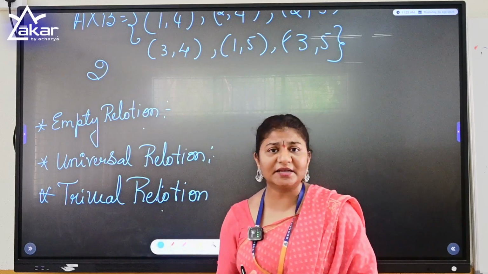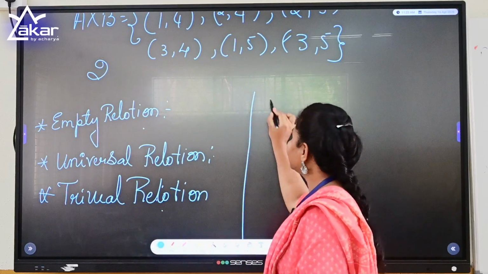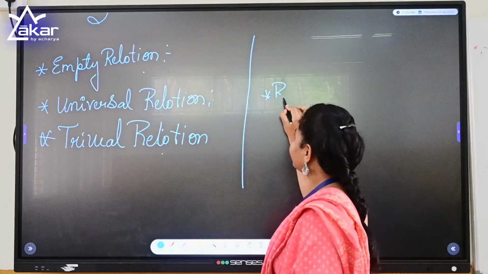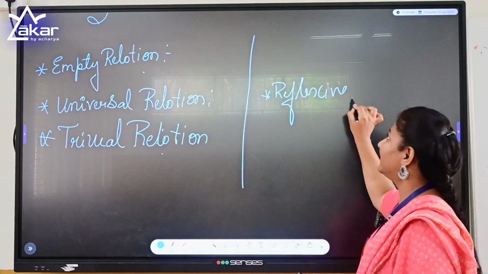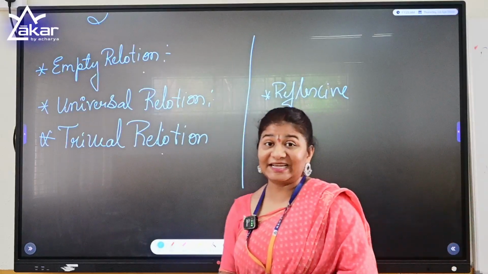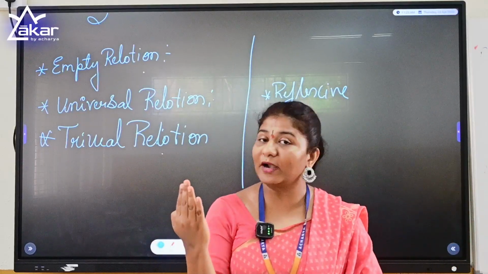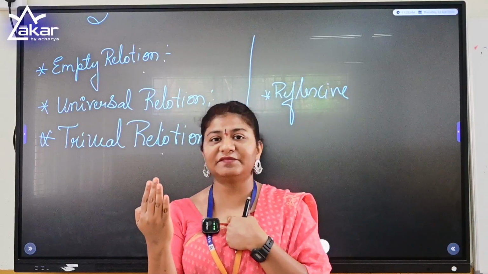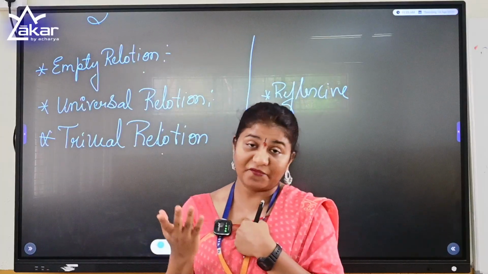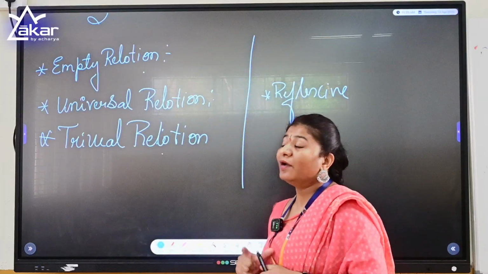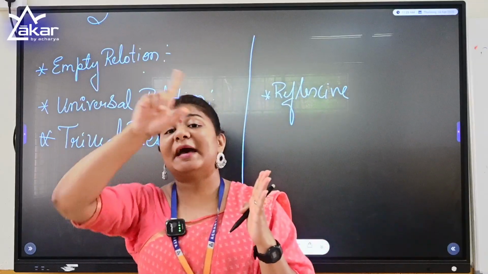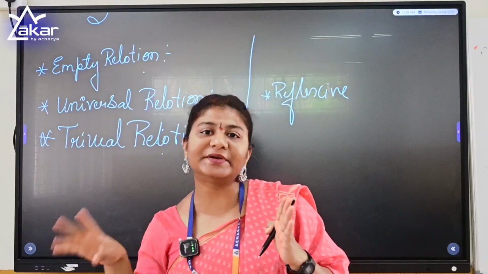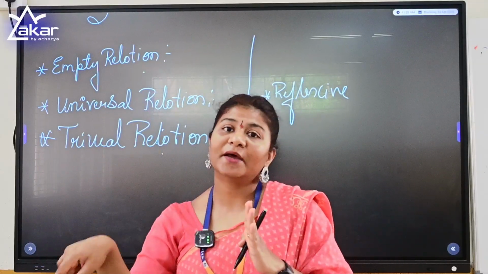Now the next relation is the reflexive relation. The reflexive relation is very simple. When I take a mirror in my hand, what happens? My reflection will be there. Is it true? Obviously. Here also, when you are defining any kind of set, each element should be mapped with its own reflection, that is, its own value.